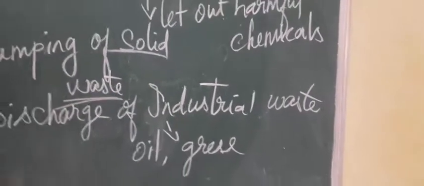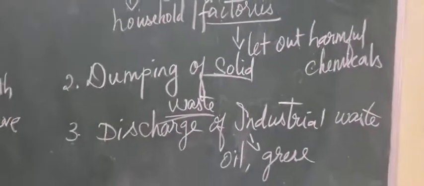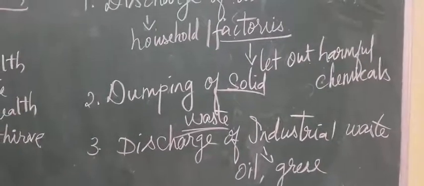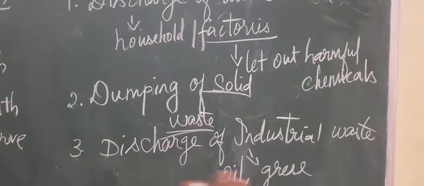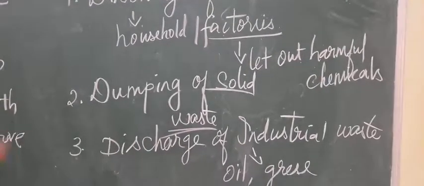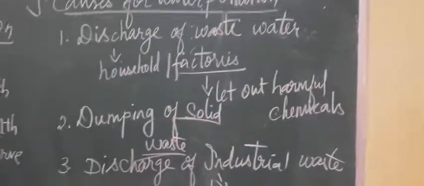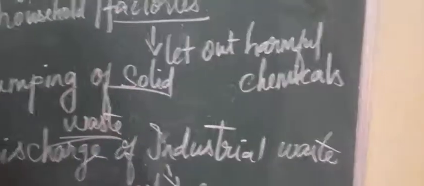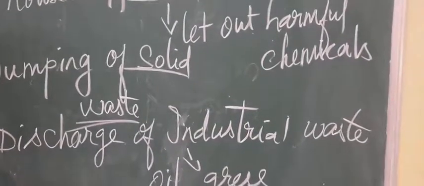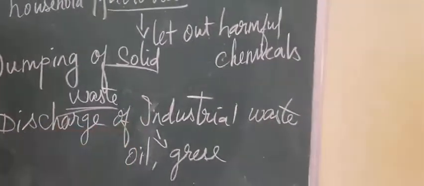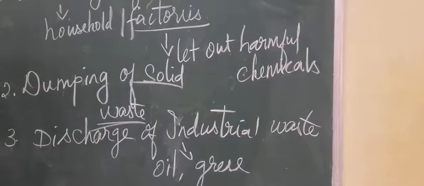We heard a news item two years back, a ship wrecked in the Bay of Bengal, the oil tank leaked and a large amount of oil spilled over the ocean. So the oil never mixes with the water, it always floats. It is harmful to the aquatic animals. While industrial waste discharges oil and grease, it never mixes with the water and it floats always, and it is harmful not only to human beings but also to aquatic life.